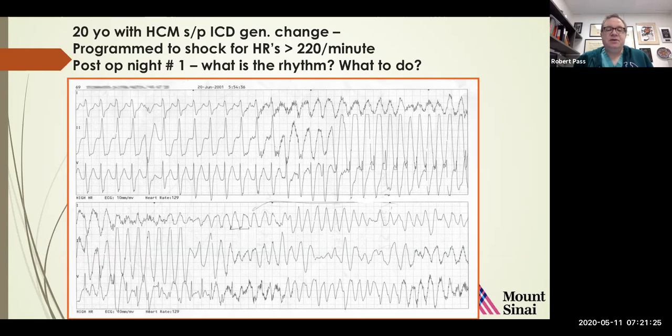But when you try to induce VF in the operating room, you never really know if the VF you've induced is what will be a clinical VF. Additionally, in this patient, we were only able to induce VT. It was a fast VT, and so the device detected it and shocked the patient out during testing. But I think it's fair to say that this particular VF, the device was unable to sense.